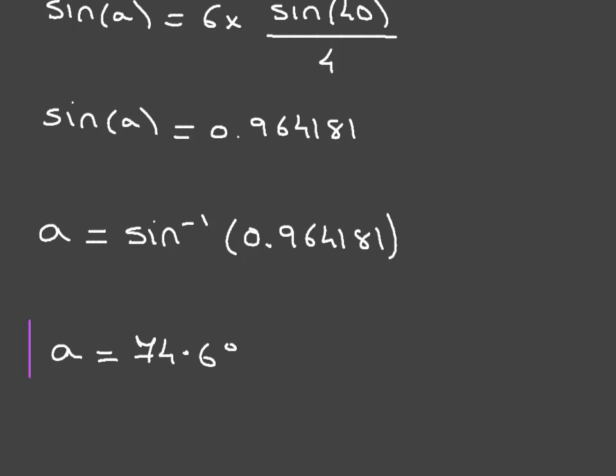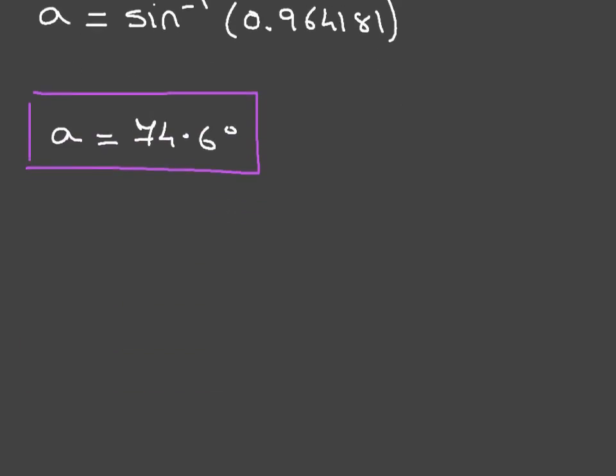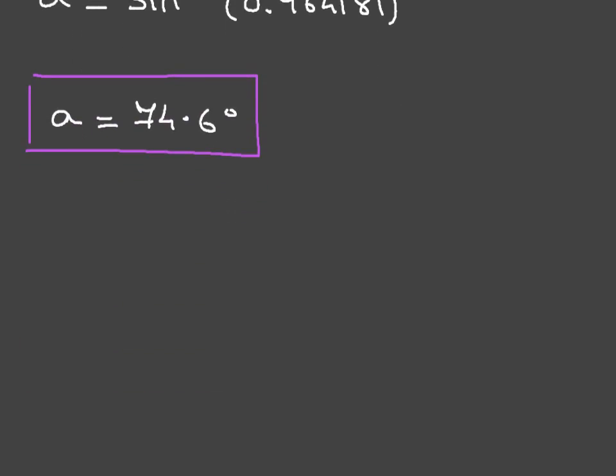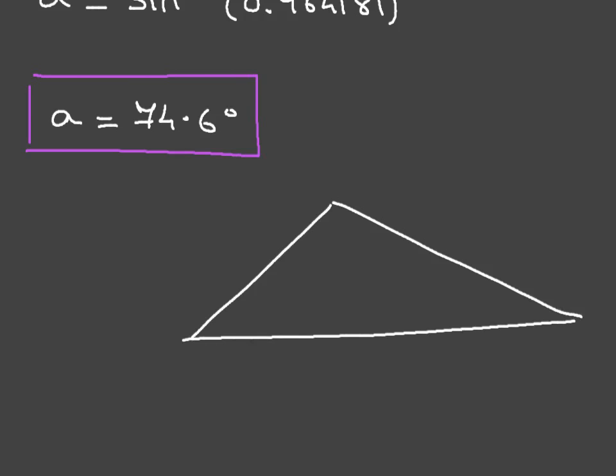And there you go. We have just used the sine rule to find an unknown angle inside our triangle. If we wish, we can complete our diagram. The triangle has sides 5.7, 4, and 6, an interior angle of 40, and using the sine rule, we have found that this interior angle is 74.6 degrees. Let's look at another example.